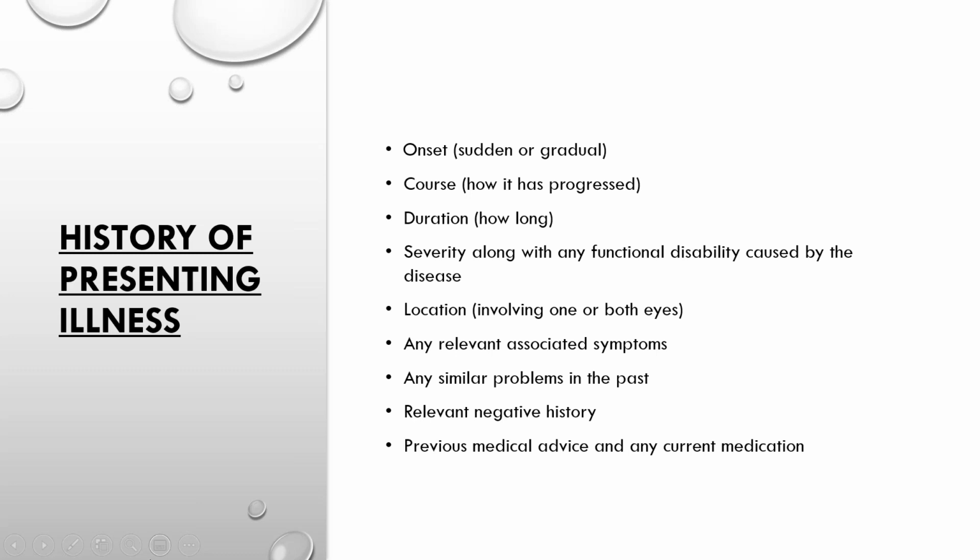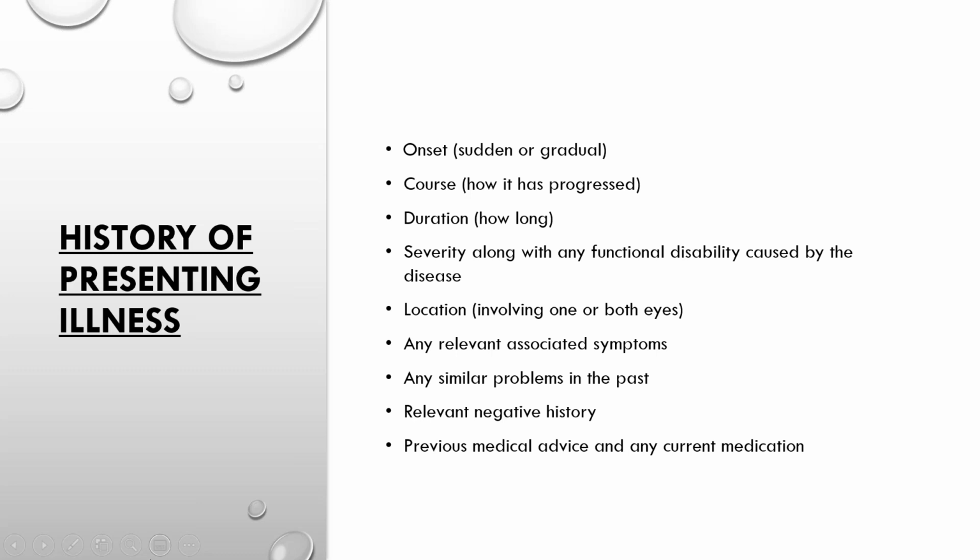So what happens is, if it's a long duration thing, like if it started 2-3 years ago, okay, fine, this is something that has been chronically present. So we have to think in terms of diseases that are chronically present. If something presents acutely, there must have been an inciting event that caused it to present now, or there could have been a trauma or something like that. So your line of thought changes with the onset of the disorder.